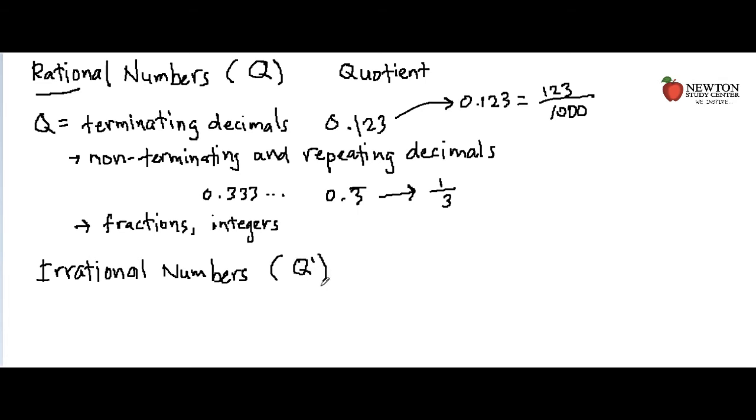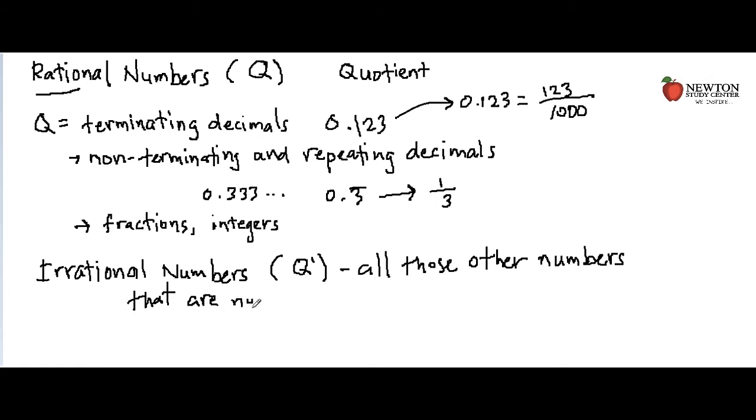So basically, the set of irrational numbers are all those other numbers that are not rational numbers. So meaning all those other numbers that could not be converted into fractions. So you might be wondering, is there any such number? So an example is the square root of 2.